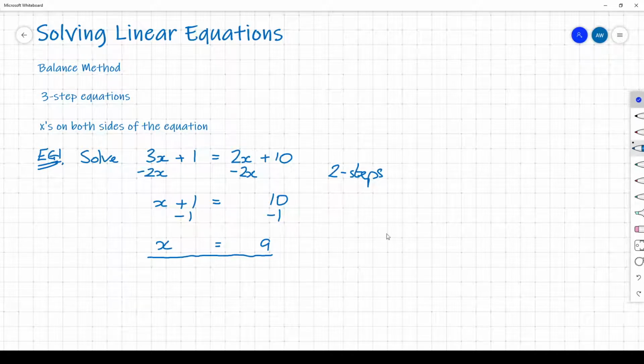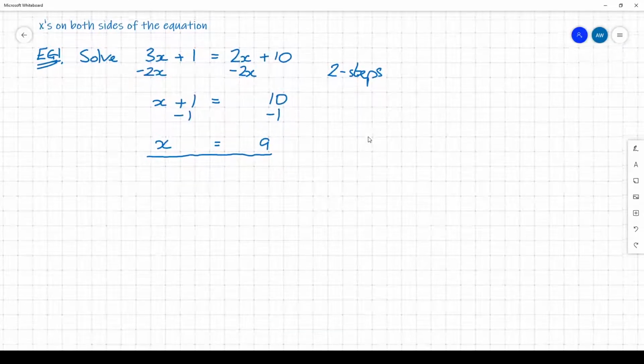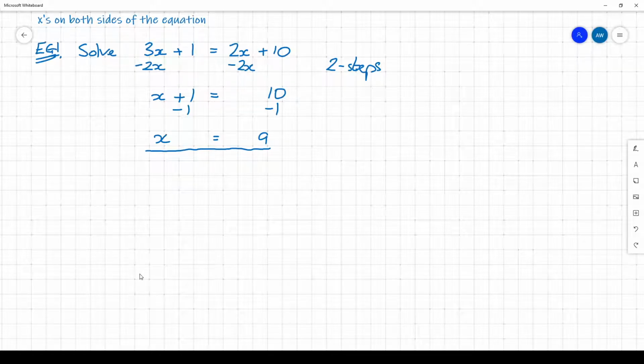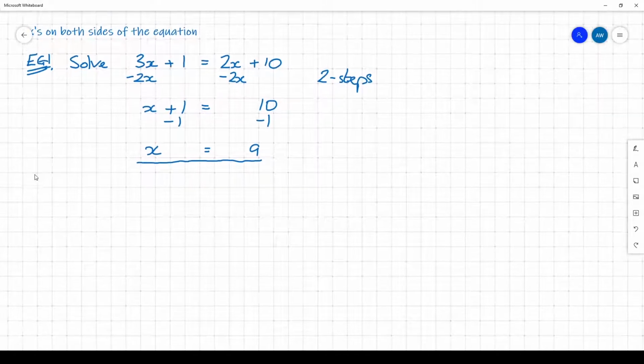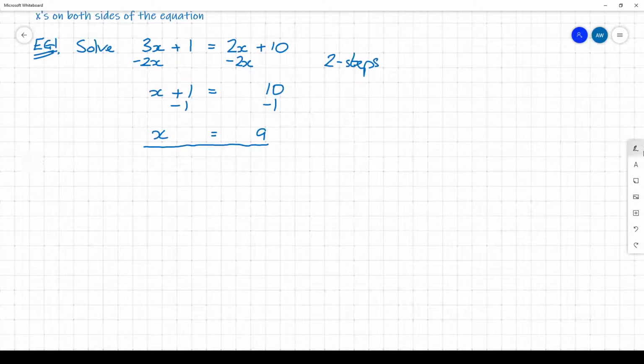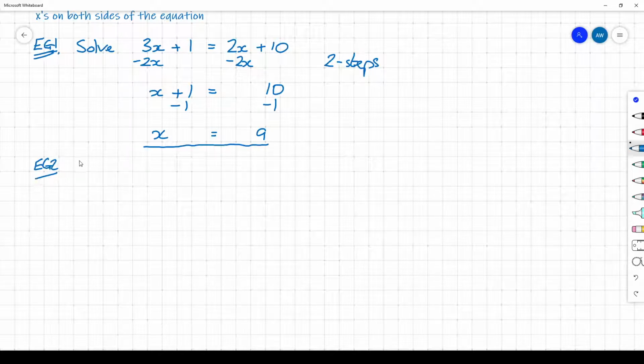So let's look at one where I definitely know there'll be 3 steps and x's on both sides. Example 2. Solve 5x minus 2 equals 3x plus 8.